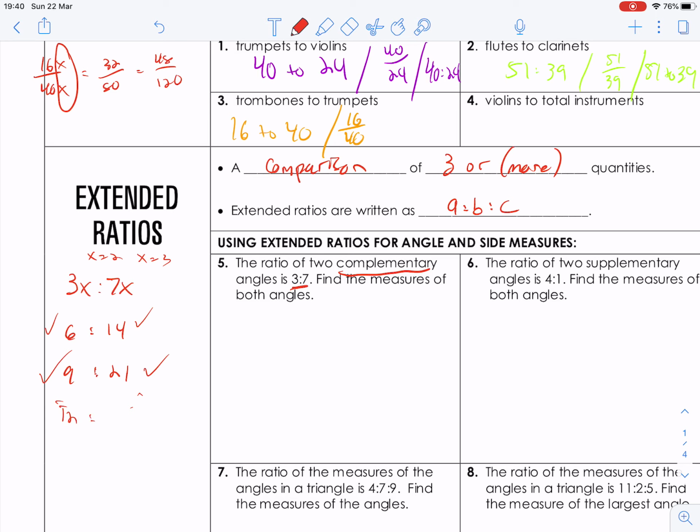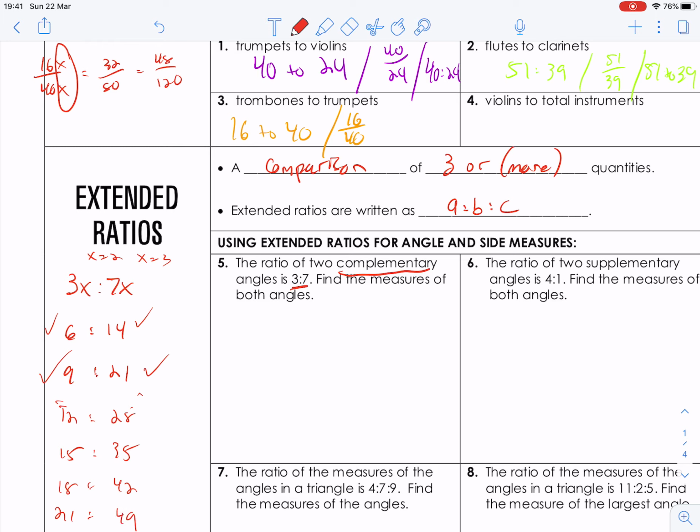We could also have 12 and 28, or 15 and 35, or 18 and 42, or 21 and 49.